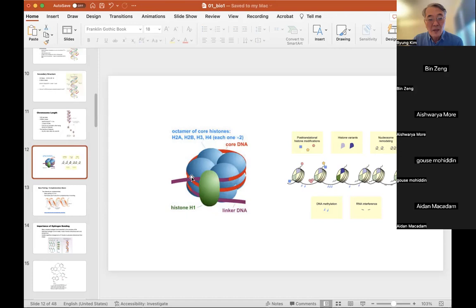And the DNA strand is kind of circling around, making 2 rounds, and then it connects to the next bead. And then histone H1 works as sort of the closer. So it closes this particular DNA sequence that's tied to this particular histone, the core histone, the bead.